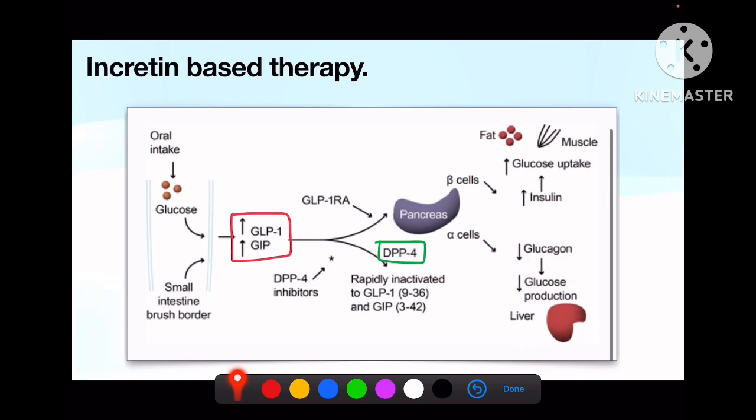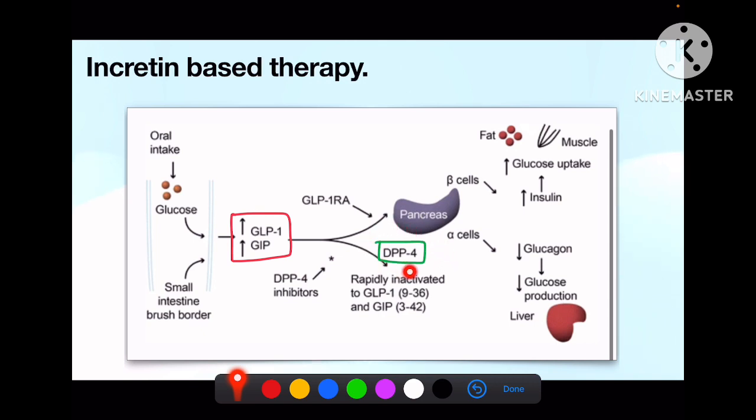But there is another enzyme we call the DPP4 enzyme, standing for dipeptidyl peptidase enzyme. This enzyme can reduce the activity of these two enzymes, right? That's why I have emphasized here: rapidly inactivates GLP-1 and GIP.